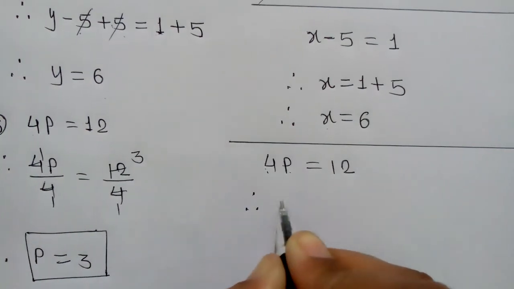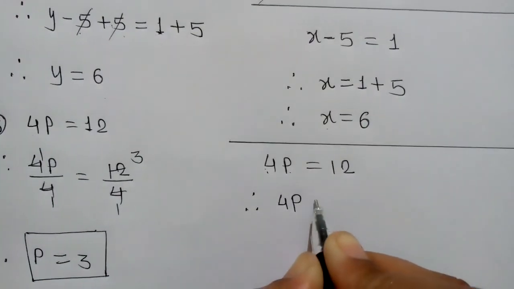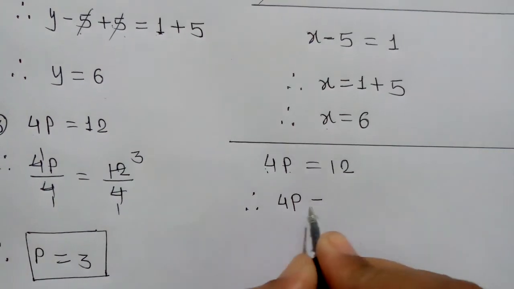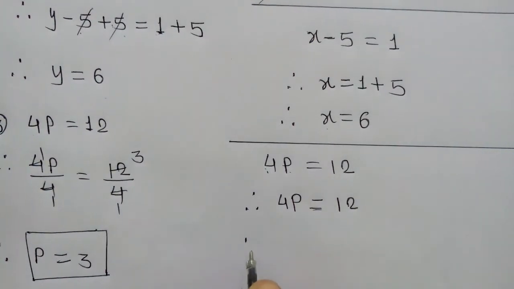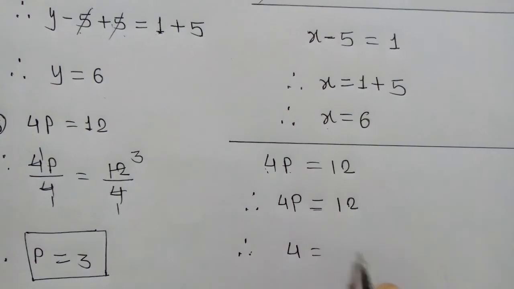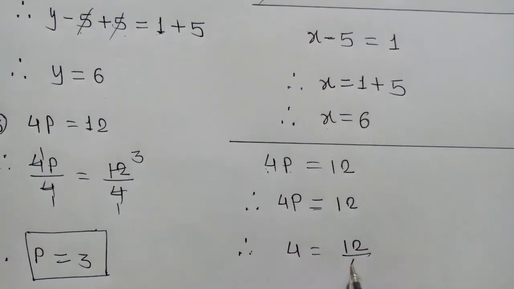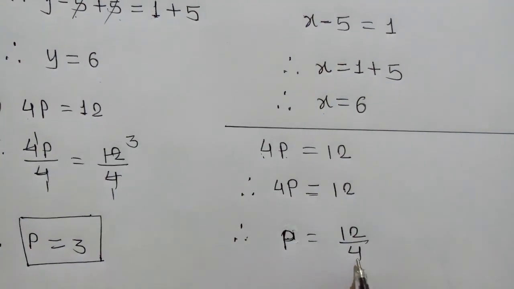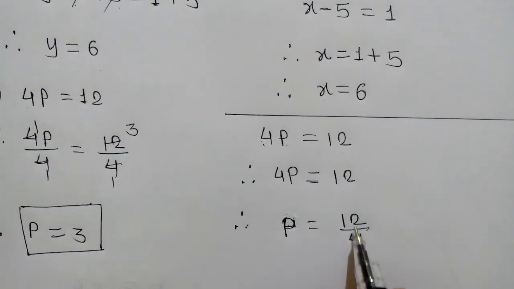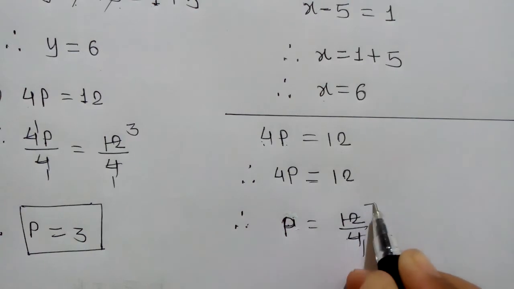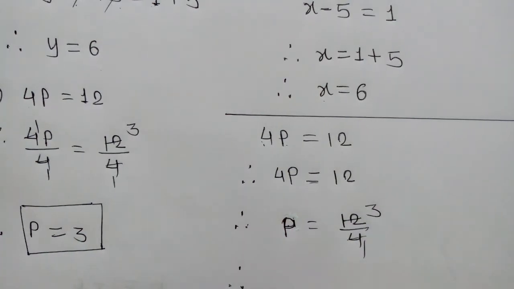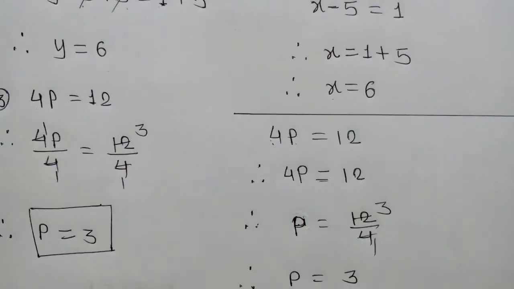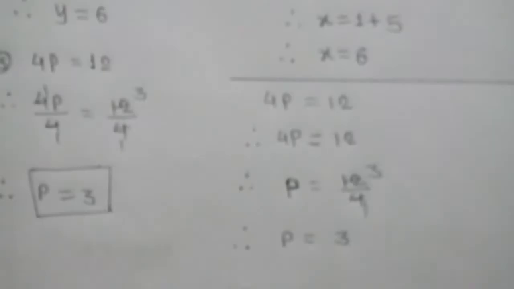So p is equal to 12 divided by 4. 12 divided by 4: 4 threes are 12, 4 ones are 4. So here the value of p is 3. So we got p is equal to 3.